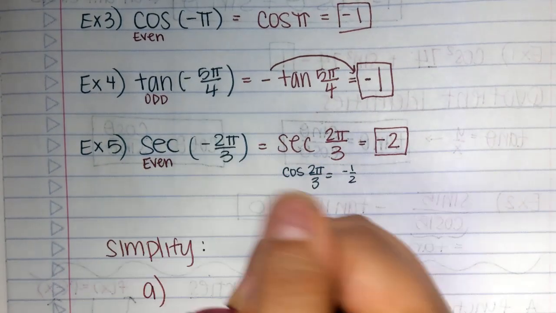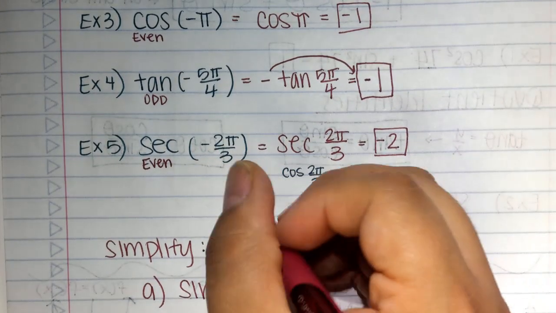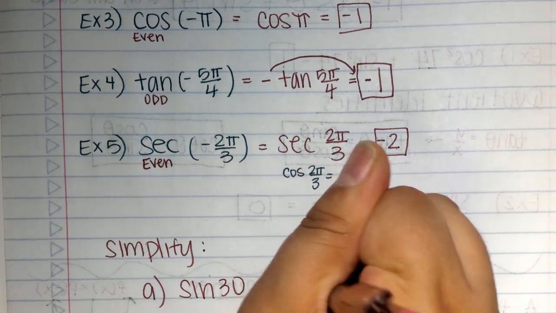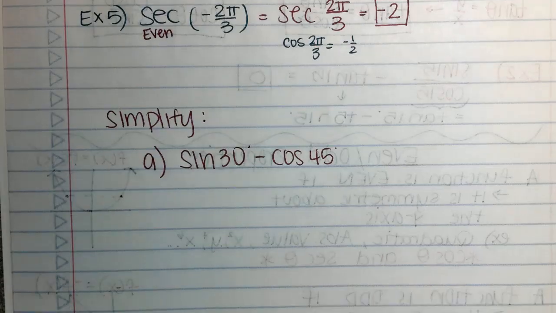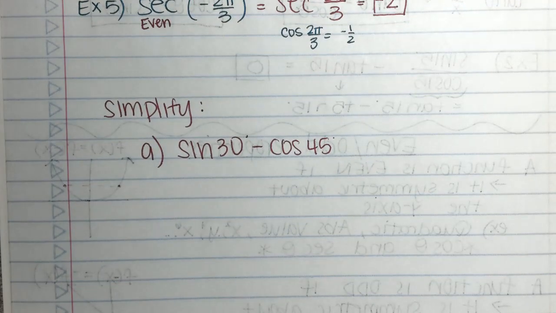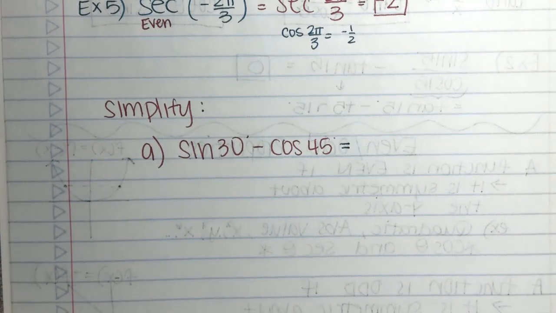Can you simplify the sine of 30 minus the cosine of 45 degrees? What's the sine of 30?